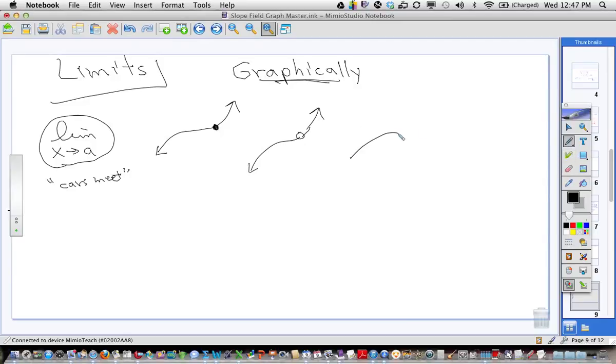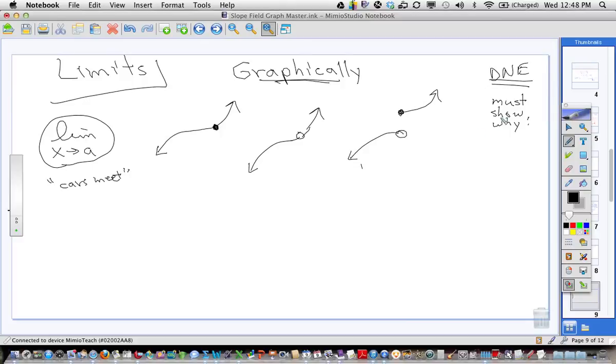All right, what about one like this? What do we say there? We say the limit does not exist. Now, I didn't get really picky about this last time, but I am going to be picky this time. Whenever our answer is the limit does not exist, we must show why.